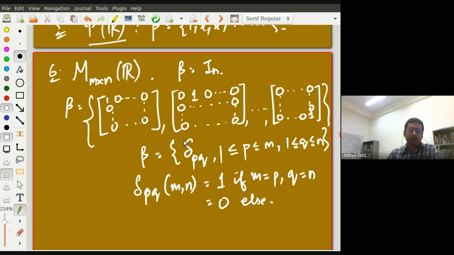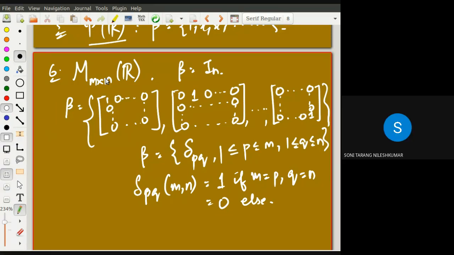Remember, a basis is a subset of the same vector space, so its elements should be of the same nature as the elements of the vector space. In this case, the vector space elements are m by n matrices, so the bases also have to be m by n matrices. And sir, how does beta span m?